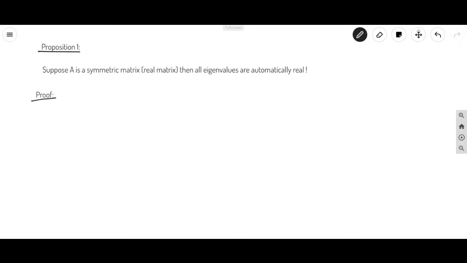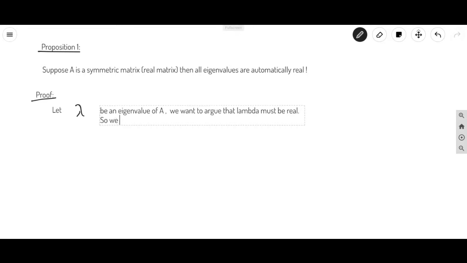So here's the way we're going to do it. Let lambda be an eigenvalue of A. We want to argue that lambda must be real.